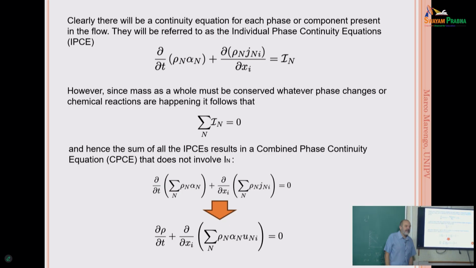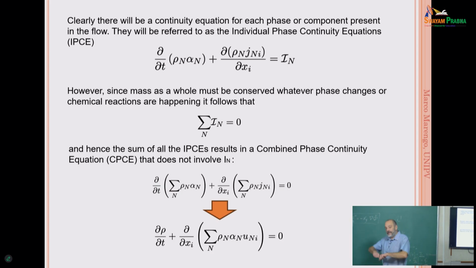But it's very clear that if you are considering the system, and the gas is going to the liquid because of condensation, or the liquid is going to the vapor because of evaporation or boiling, whatever, what is happening is that the total mass should stay the same, at least. So this means that the sum over all the components of the mass interaction terms must be zero.